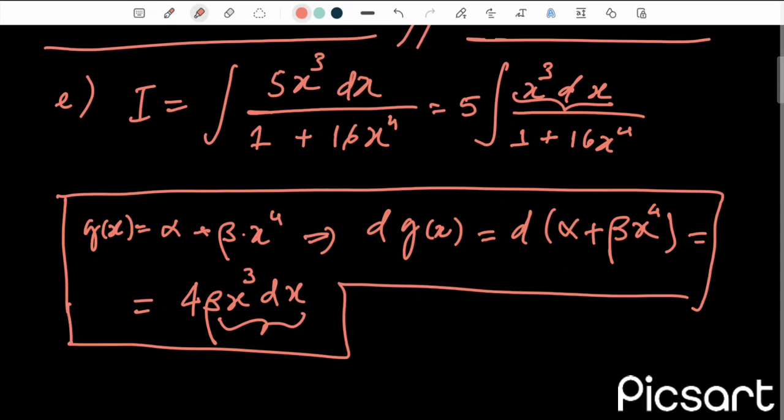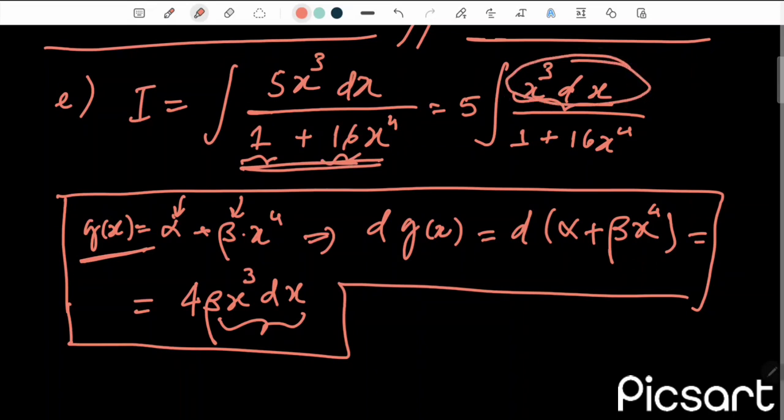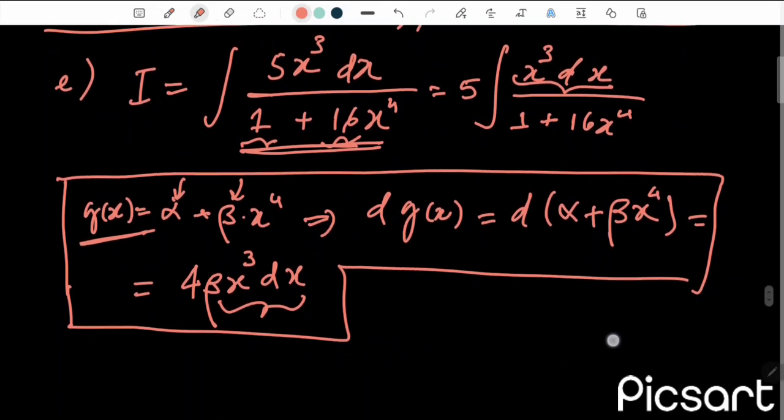We can choose alpha and beta as different numbers, but if alpha is equal to 1 and beta is equal to 16, then we will have the denominator function for our g of x, so that it's simpler to transform our numerator into our denominator and get a direct integral. How can we do this?